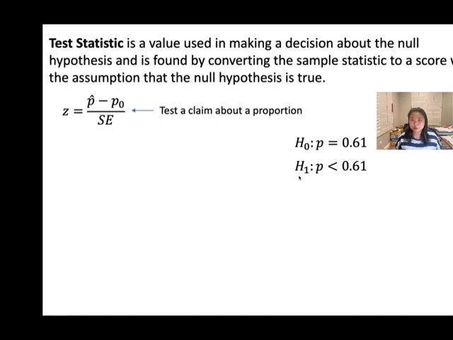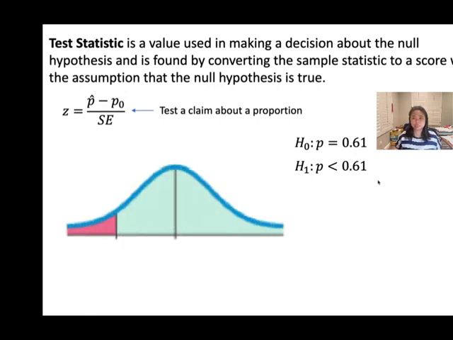For the alternate hypothesis, population proportion will be strictly less than 61%. From the alternate hypothesis, we know this is going to be the left tail. So my picture is going to look like this, right? Left tail, and the area of the left tail will be equal to your significance level. And remember, significance level is always given in this case. For example, significance level is equal to 0.05. That means the area of this left tail will be equal to 0.05.